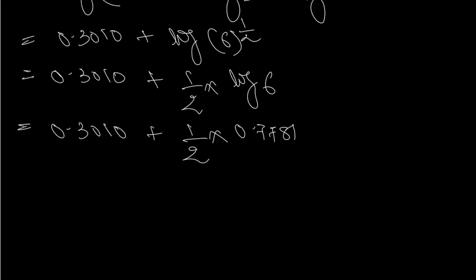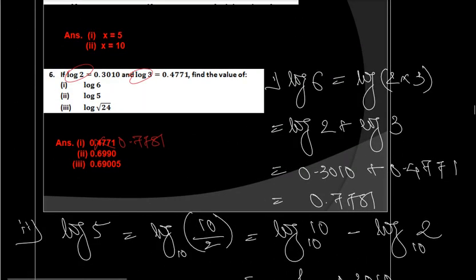So if you multiply half into 0.7781 and add it with this, you're going to get 0.69005, right? 0.69005. So that's how you solve question number 6.